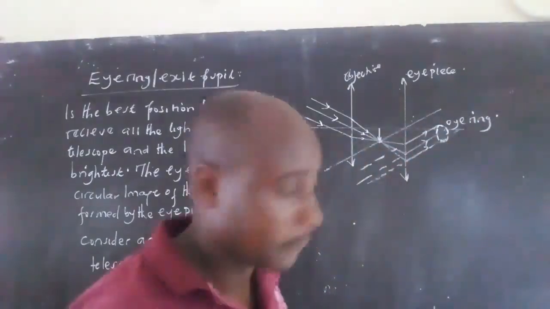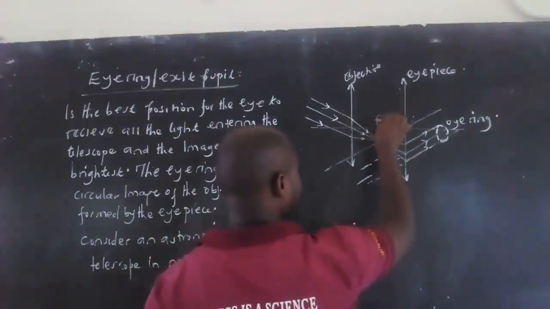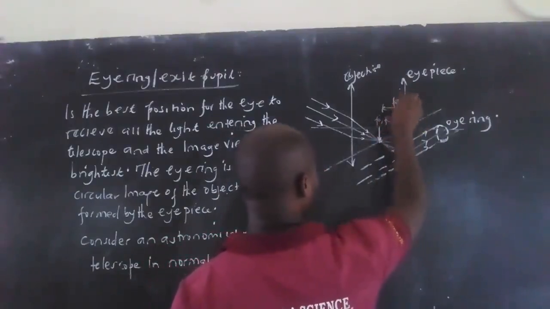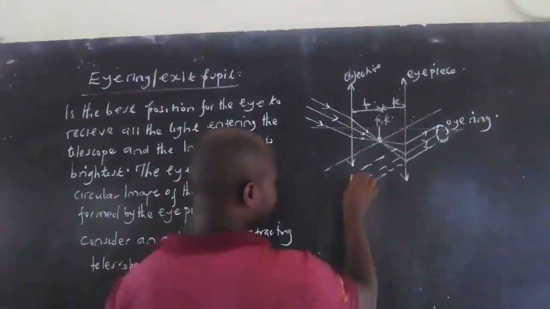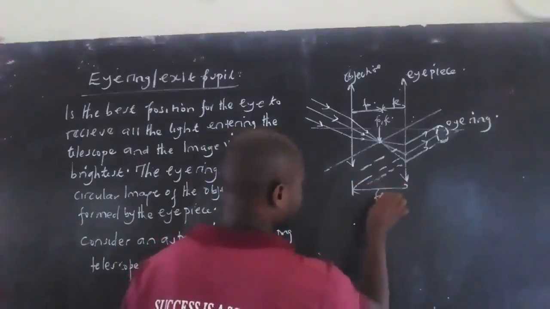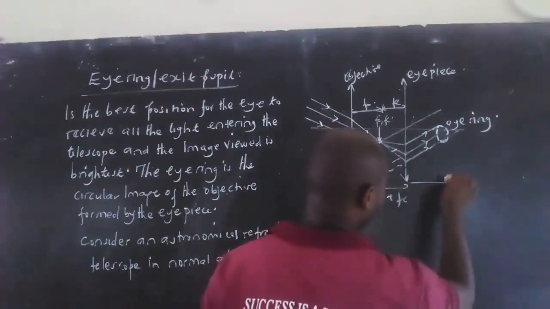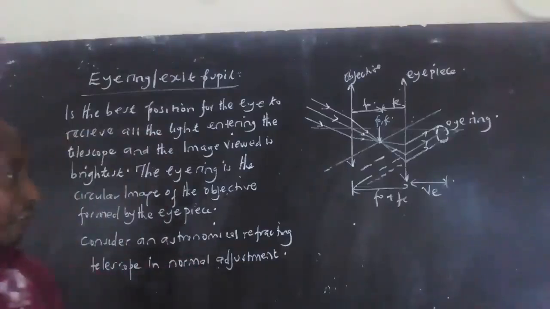That is the eye ring. Now the distance from here, remember this is F naught. This is FE. So from here to here is FE, from here to here is F naught. So our separation here is F naught plus FE. Then let's say this becomes our VE, the position of the eye ring.